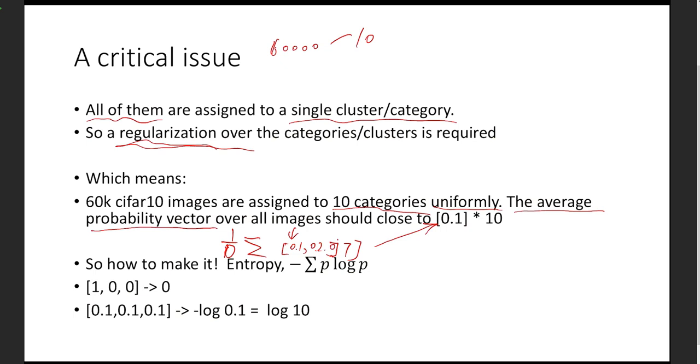But how to make it? Yeah, use the entropy. We know it can be computed like this. If it's a very confident probability, the entropy will be 0. If it's a really confusing case, for example, with 10 classes all having probability 0.1, then the final entropy is log 10.